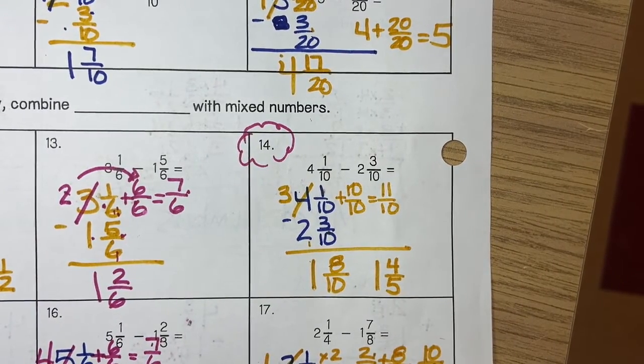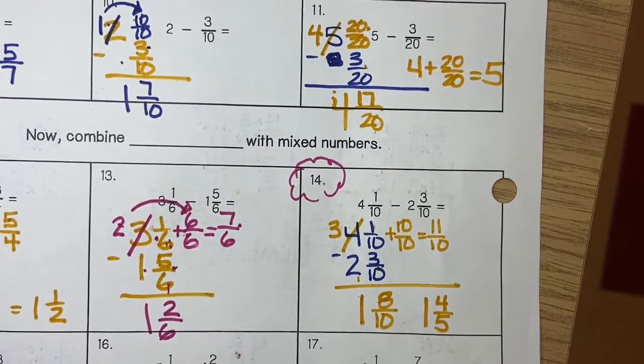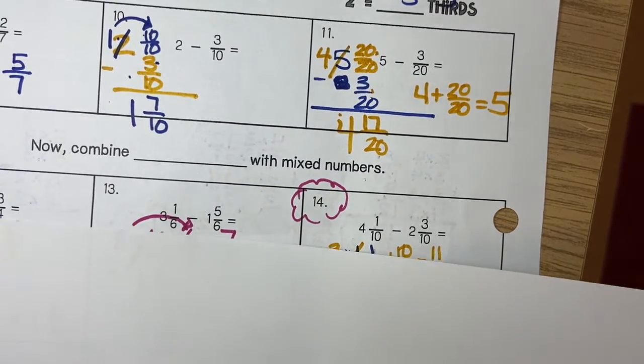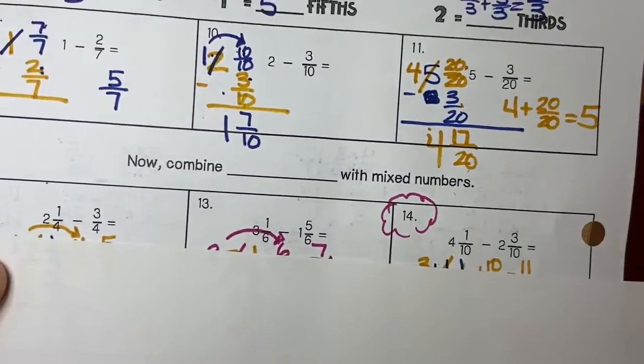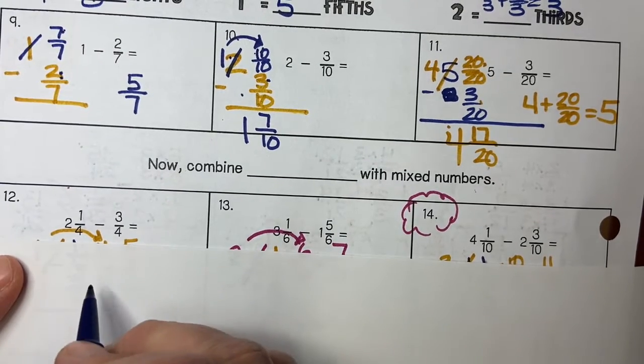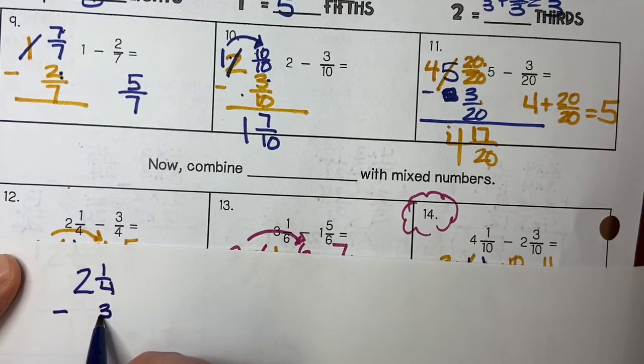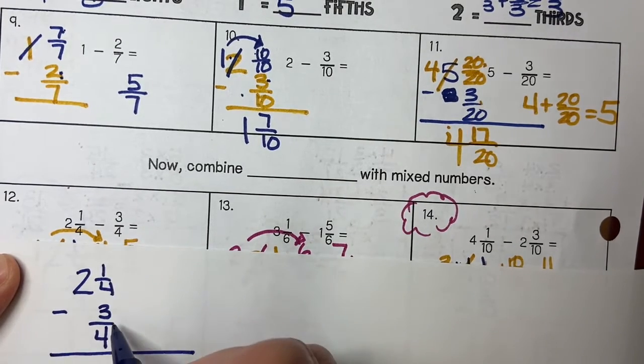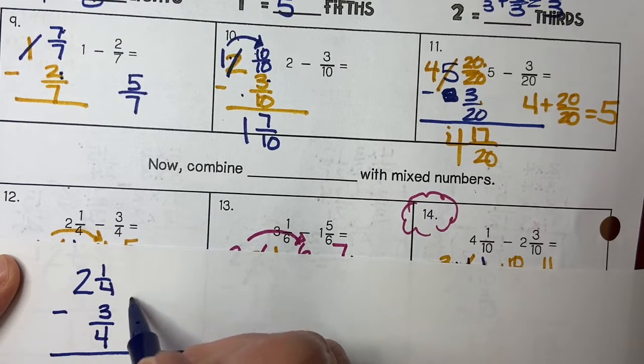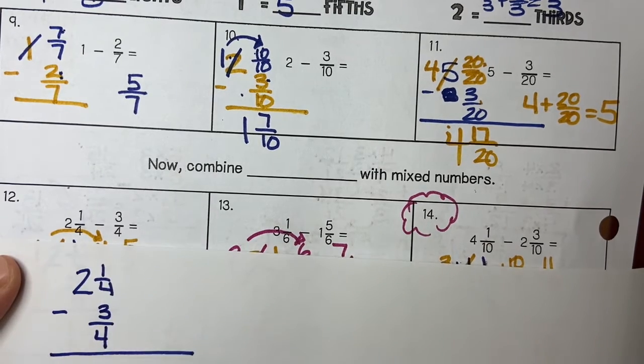Now, here's the tougher part when we're combining them, okay? So I'm going to go through the first one, and I'm just going to explain a couple of them on here. So if I had 2 1/4 minus 3/4, okay, I can't do 1 minus 3, and I certainly can't do 3 minus 1 because I don't subtract going up.